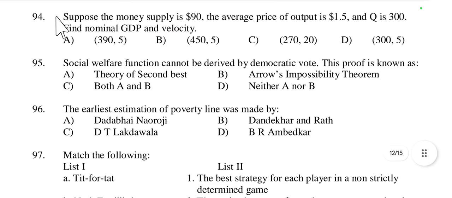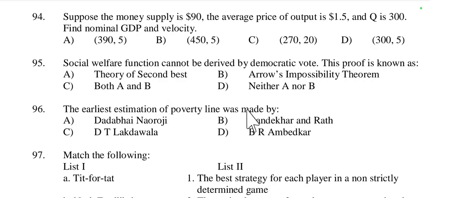Then next question. Social welfare function cannot be derived by democratic vote. This proof is known as: theory of second best, Arrow's impossibility theorem, both A and B, or neither A nor B? So here the question asks about the social welfare function, which cannot be derived by democratic vote.